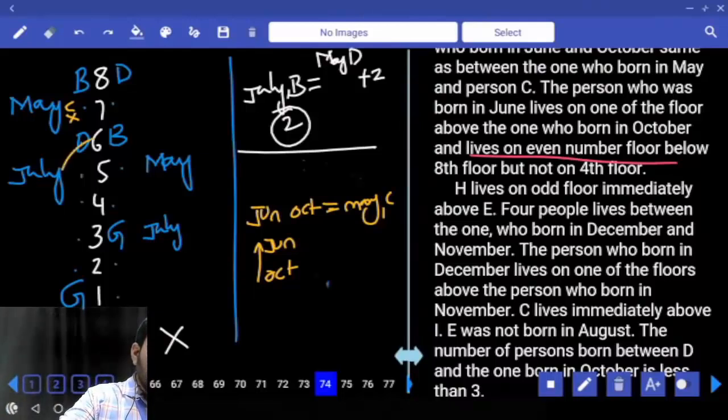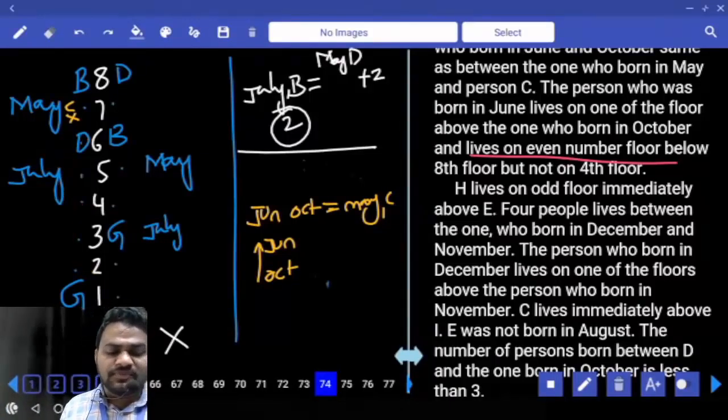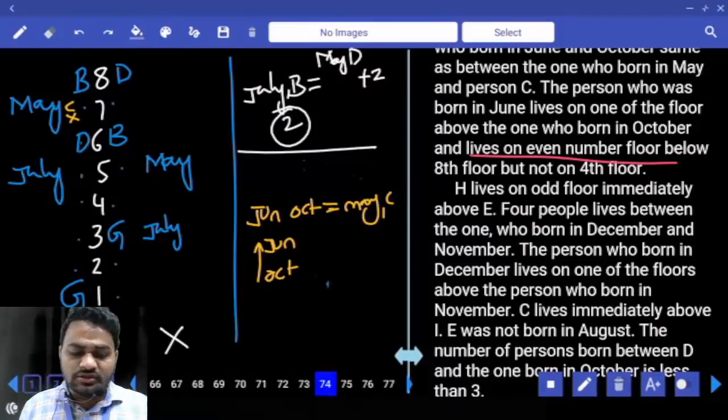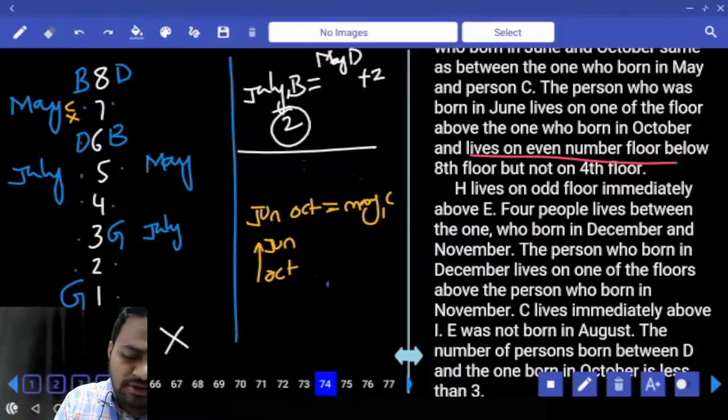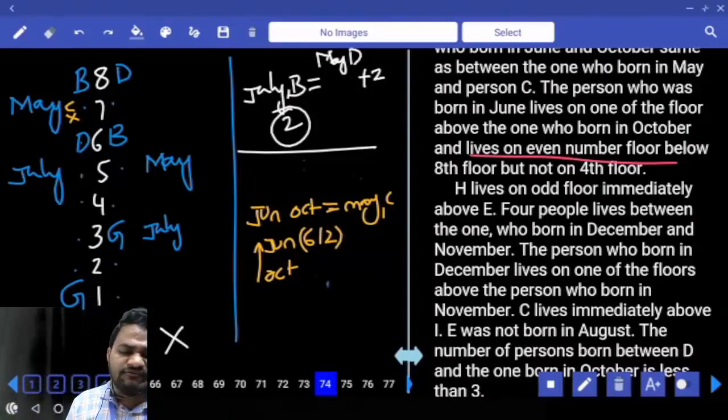Below 8th floor is nothing but 6, 4, 2, but not 4th floor, so that may be 6 or 2. So the person who born in June may be on 6th floor or it can be on 2nd floor as well.